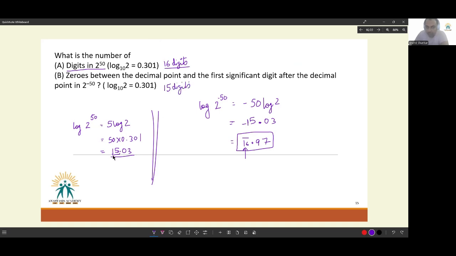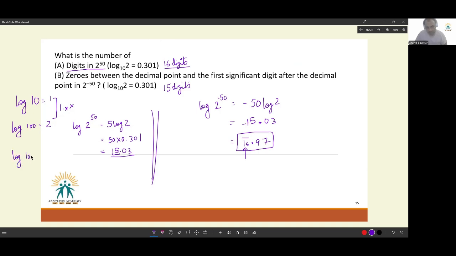If you are ever wondering why this works, you can potentially observe, see, log 10 is equal to 1. Now log 100 is equal to 2. Can I say all 2-digit numbers can be represented as 1 point something something? All 2-digit numbers from 10 to 99, everything will be 1 point something something.